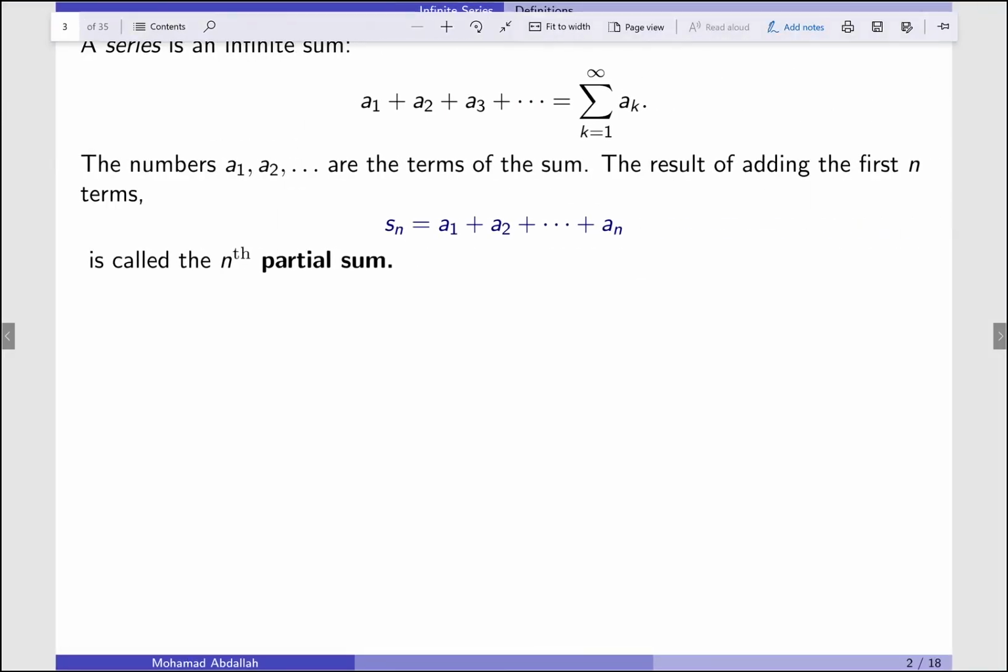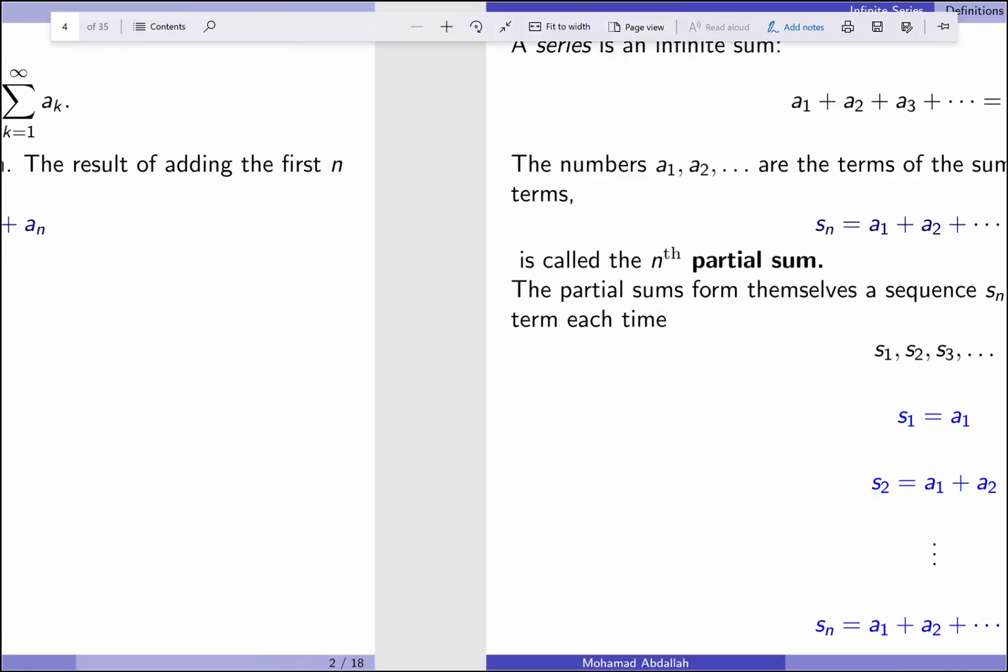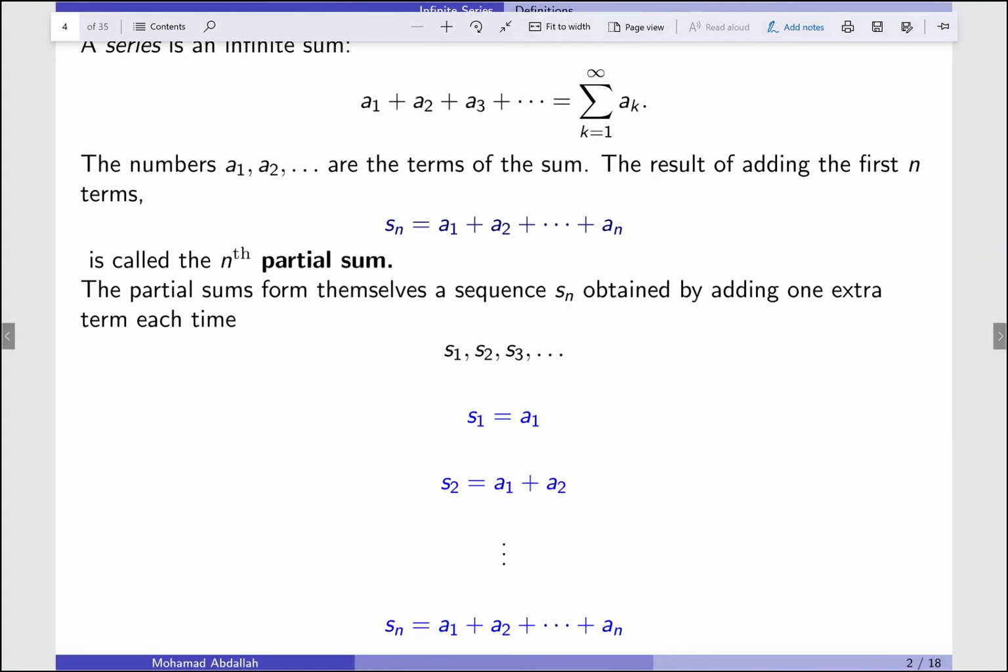Now the sum of the first n terms is called the nth partial sum. So usually we denote it by Sn. So Sn is a1 plus a2 up to an, the sum of the first n terms. This is called the nth partial sum. Now if you look at the partial sums, like S1 for example is a1, S2 is a1 plus a2, and so on.